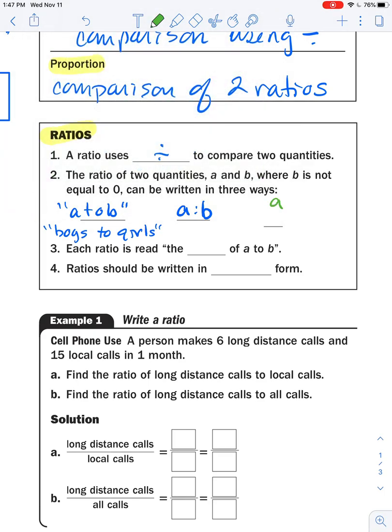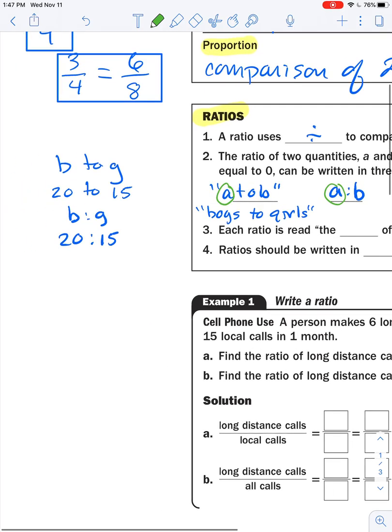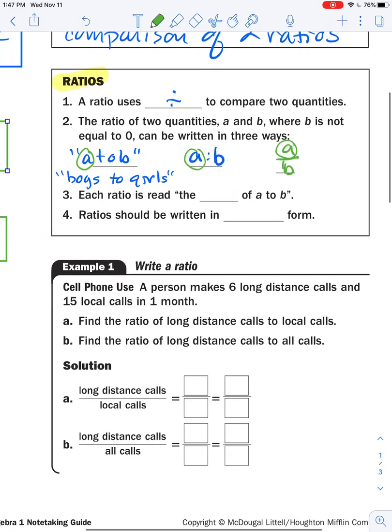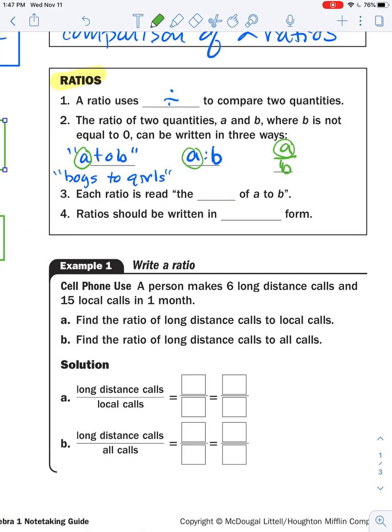And then a third way would be to go ahead and write it as a fraction, A over B. So whatever comes first here has to be first here and on the top here. And that would be the same kind of thinking. So I could also put boys to girls and have that equal 20 over 15. So these three different ways are all just different formats for writing ratios, all saying the same thing.